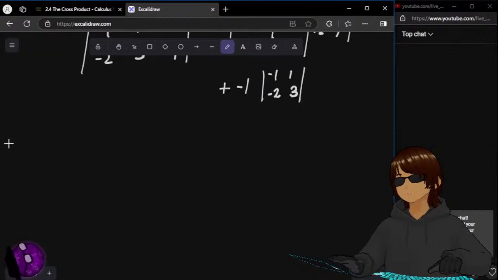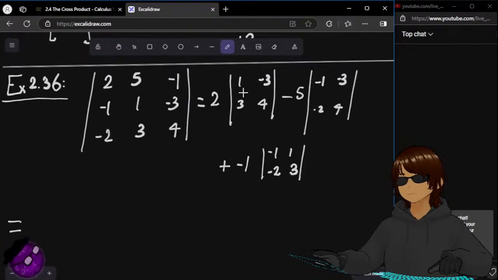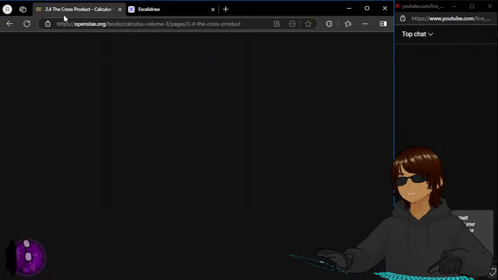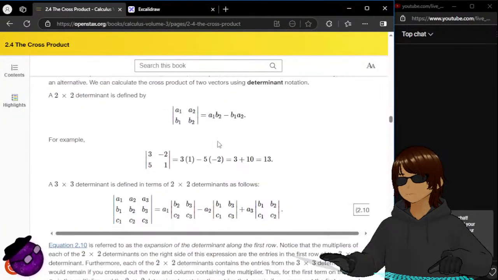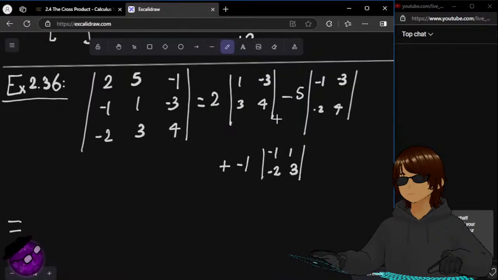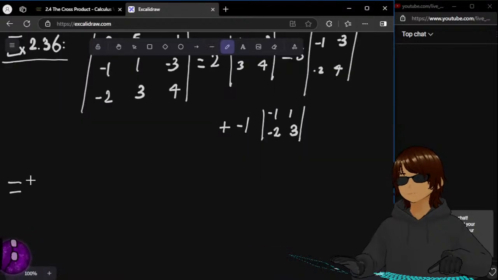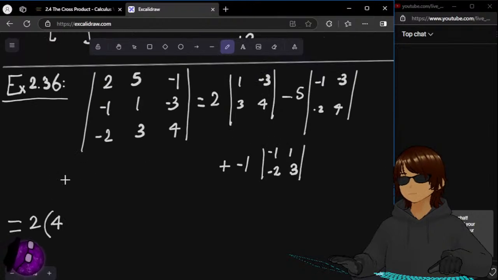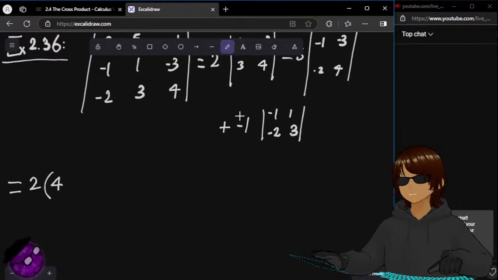And then we have 2 times 1 times 4, I think it's minus, right? Yeah, minus. So 1 times 4 is 4. Minus minus 9, so plus 9.